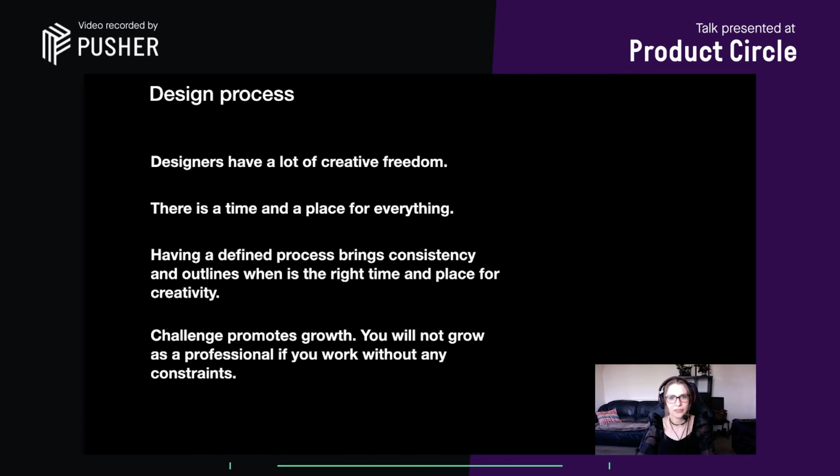And another thing, why shouldn't you discard the strategy and design process? It's because challenge promotes growth. When you give yourself the restriction of time and space, you will come up with better ideas and you'll come up with ideas faster because you're on a limited schedule and you have to work with a certain constraint.